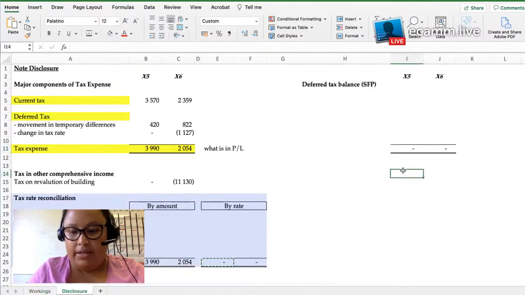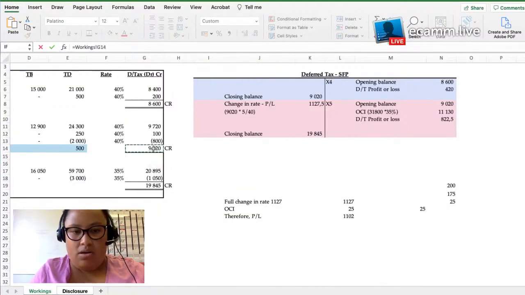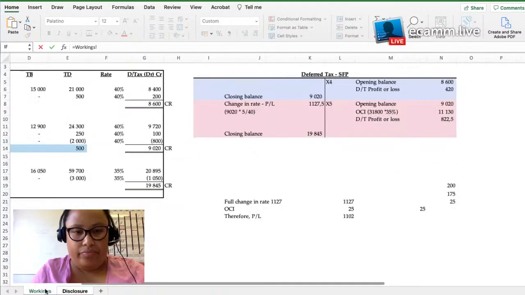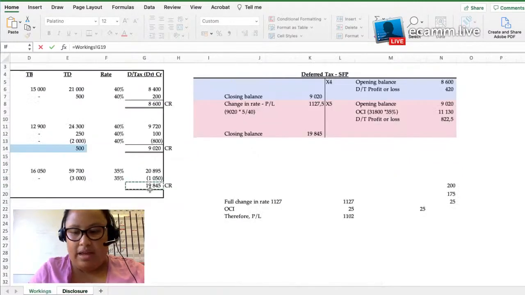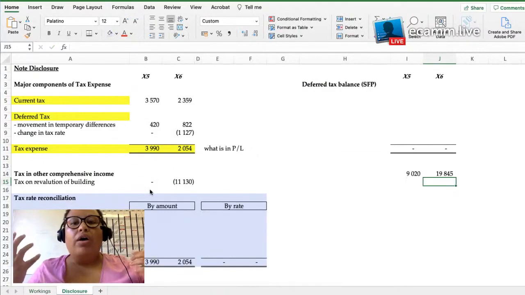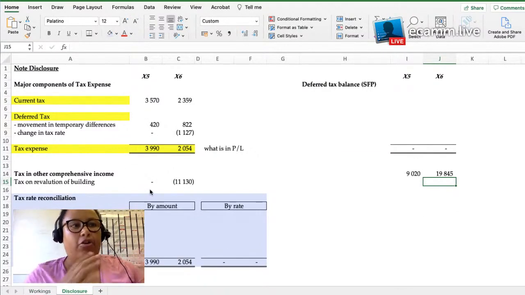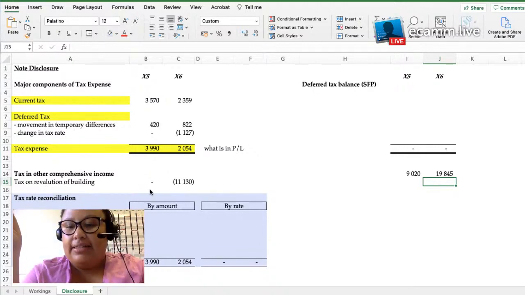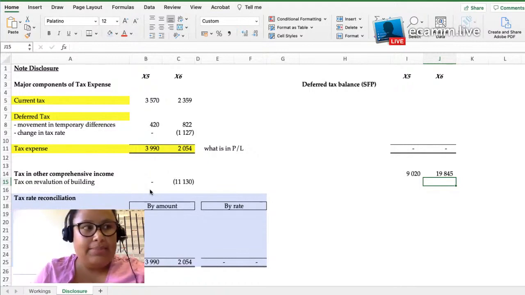I'm just going to put it over here, equals that one, and equals that one. Now, what this disclosure, this paragraph is asking us to do is disclose what made up that deferred tax balance. So, what were the temporary differences then that went into the deferred tax balance?